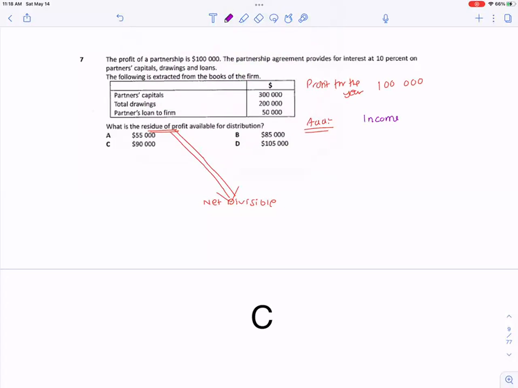Then what do we add? We add the income from partners. What is the income from partners? Interest on drawings.